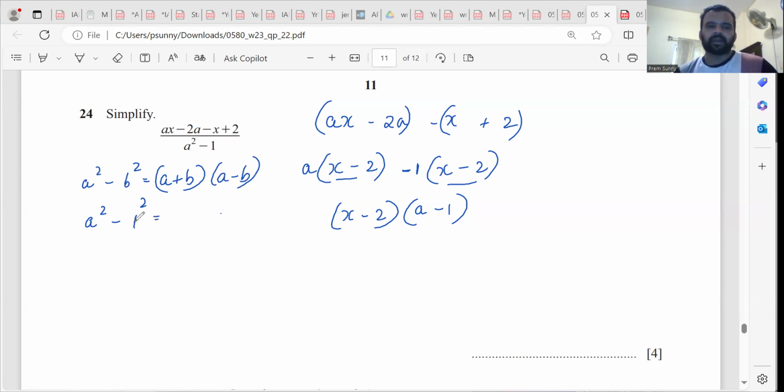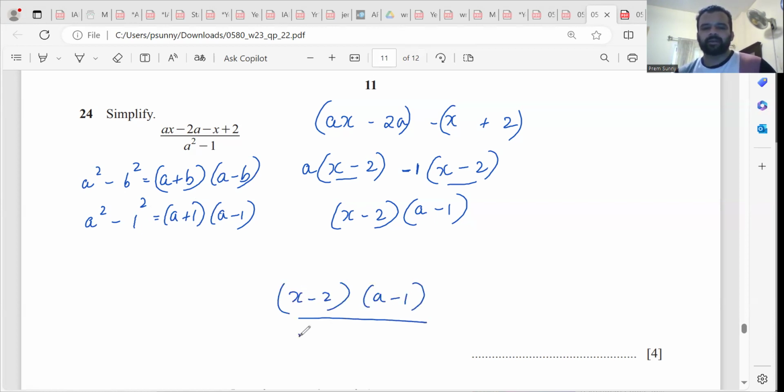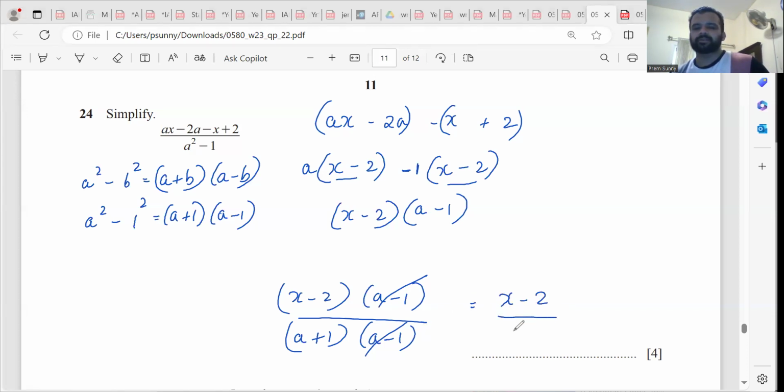So instead of b, I have 1 here. So this will become a plus 1 into a minus 1. So x minus 2 into a minus 1 divided by a plus 1 into a minus 1. a minus 1 and a minus 1 will get cancelled. x minus 2 divided by a plus 1 will be your final answer.